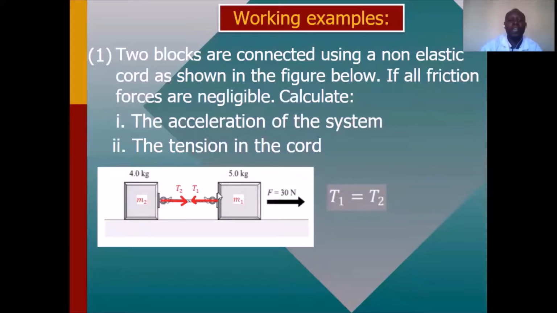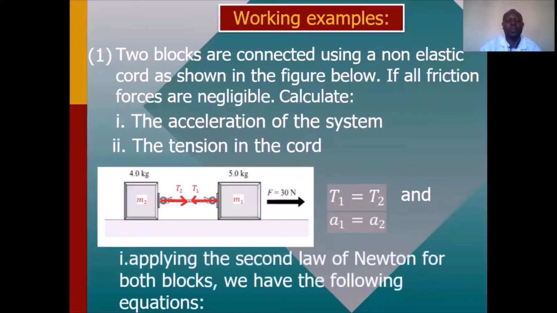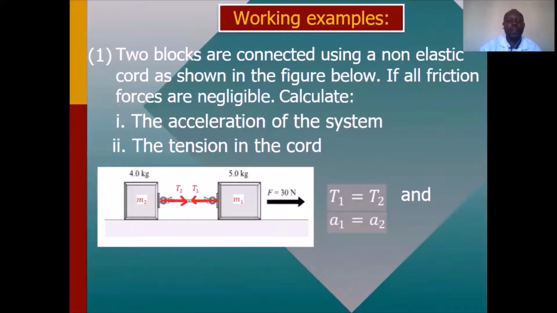Applying the second law of Newton on mass 1 and on mass 2, we are going to have the following equations. On M1, the force F minus tension T, where T1 is equal to T, is equal to M1 times acceleration.